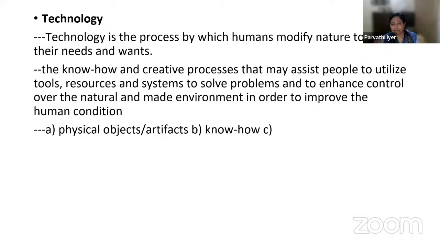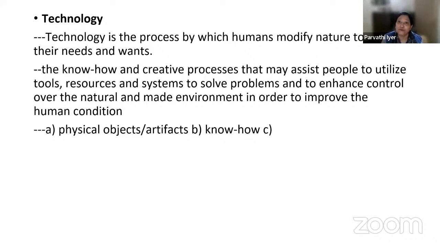So the first refers to the physicality or the materiality of technology. The second dimension refers to the knowledge aspect, that there is a certain know-how involved in the transformation of raw materials or elements found in nature to certain finished goods. And the third aspect is that there is also a process involved there.